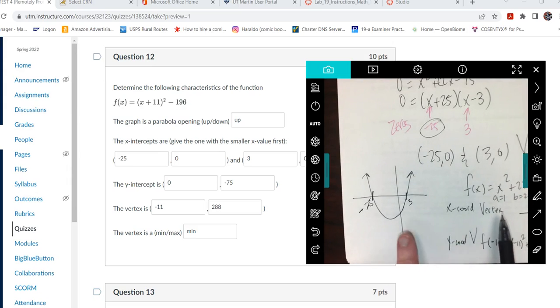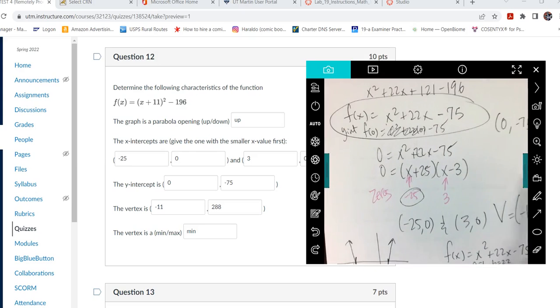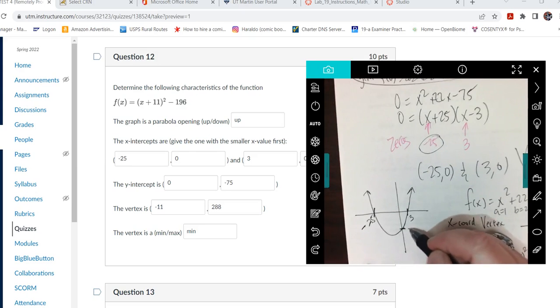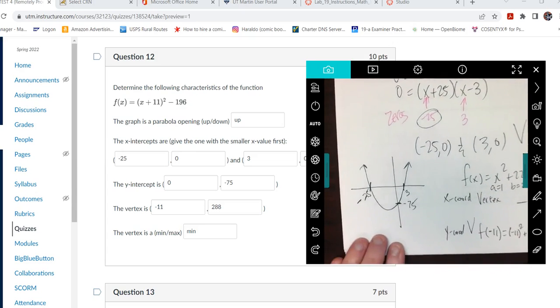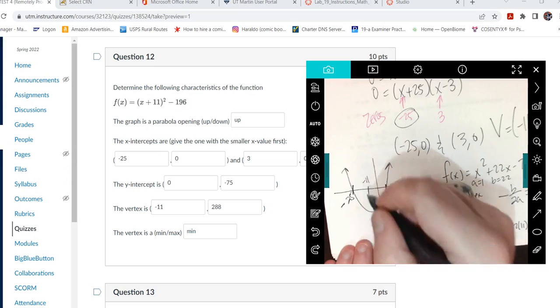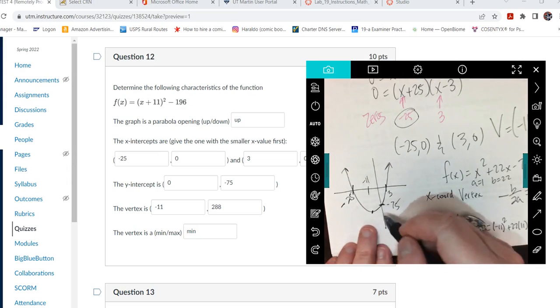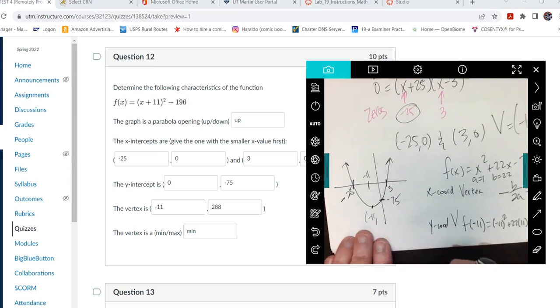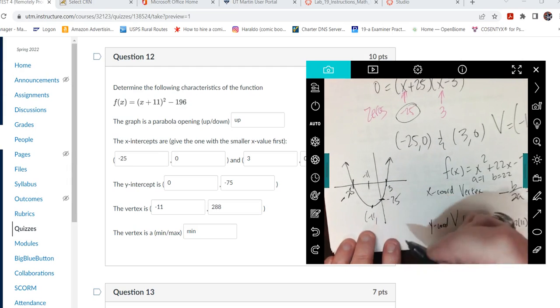And my y-intercept is at negative 75. And my vertex is going to be at negative 11, 288.